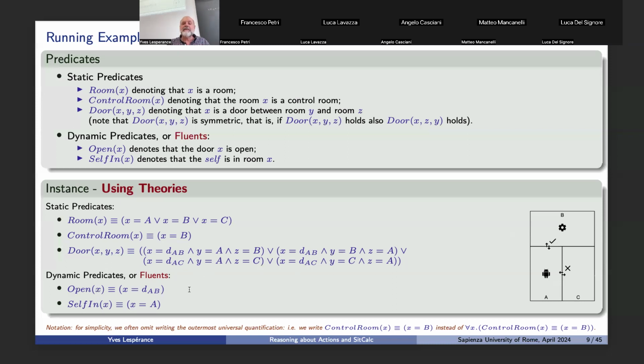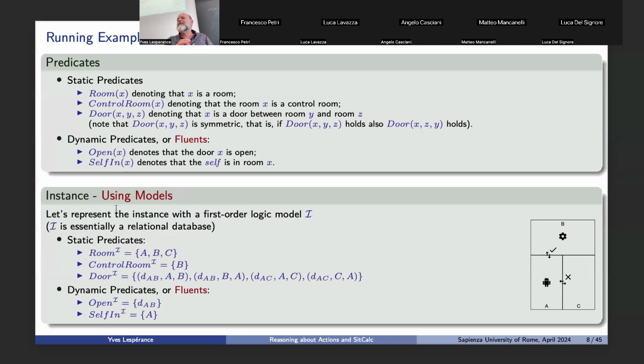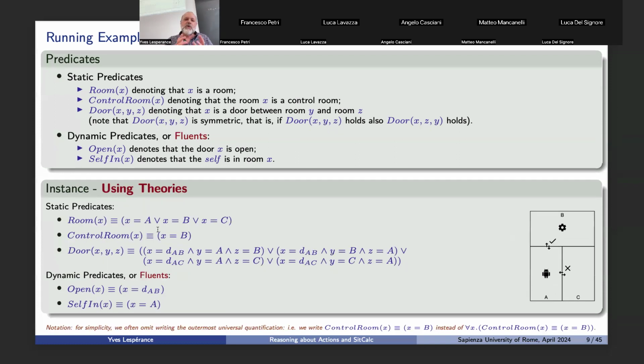Then here we say that X is open if and only if X is DAB, and self is in X if and only if X is A. So if I take this theory, the only models that this theory has are essentially models that are isomorphic to this, because in some sense, I know everything about the state of the world initially.